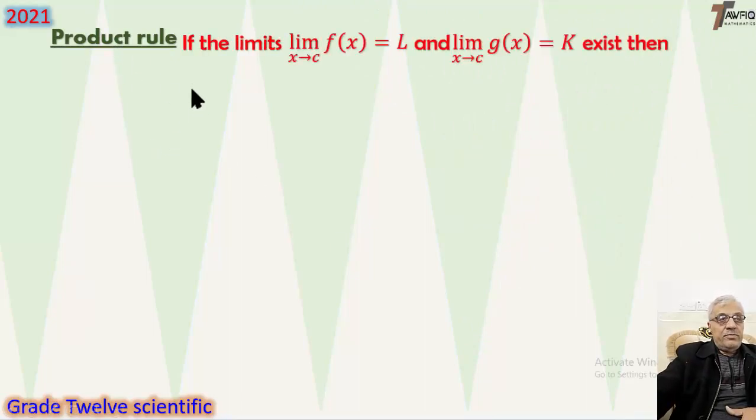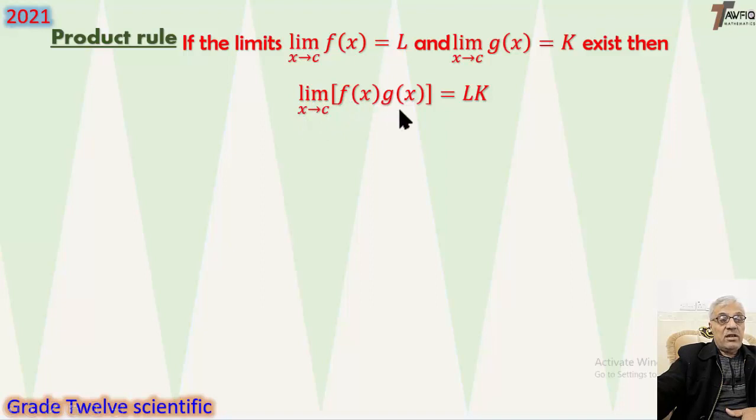Product rule. If the limit as x approaches c of f(x) is L and the limit as x approaches c of g(x) is equal to k, and both exist, then the limit as x approaches c of f(x) times g(x) is L times k, or multiplying these two numbers.